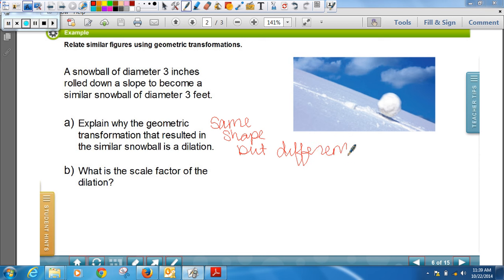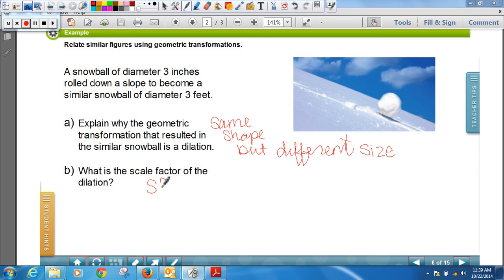Because obviously when it rolls down the hill it picks up more snow and it gets bigger. If it would have rolled down like a rock and stayed the same size, it wouldn't have been a dilation because it would have been congruent figures, so it would have been a translation. It just rolled down.